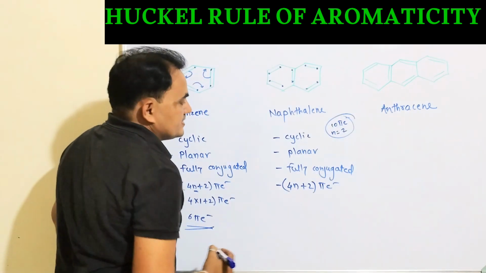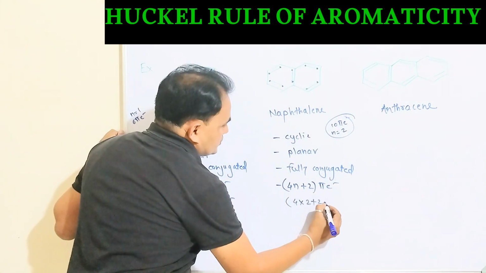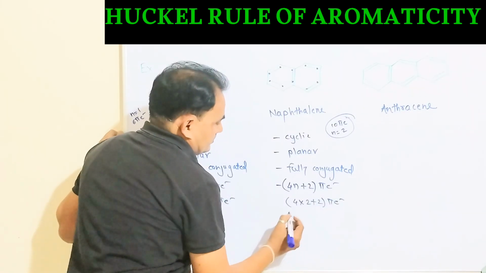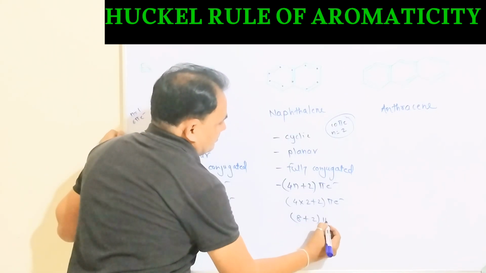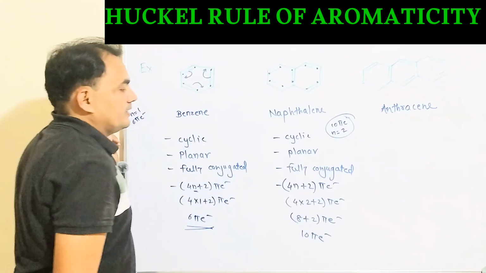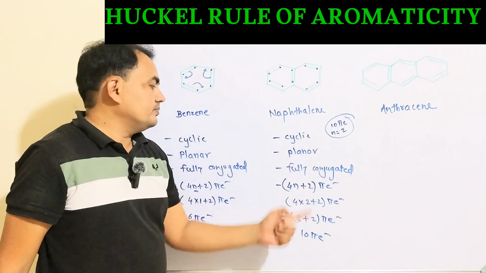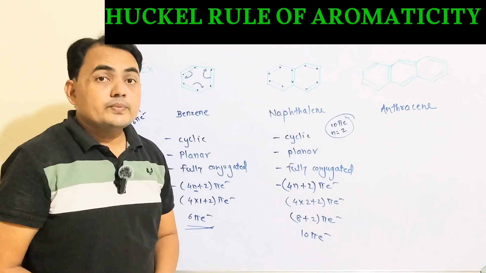Here 4 into 2 plus 2 pi electrons means 8 plus 2, which is 10 pi electrons. As we know, when n is equal to 2, there will be 10 pi electrons. So according to Huckel rule, naphthalene is also aromatic.